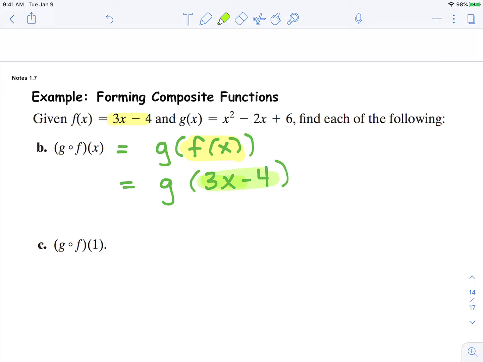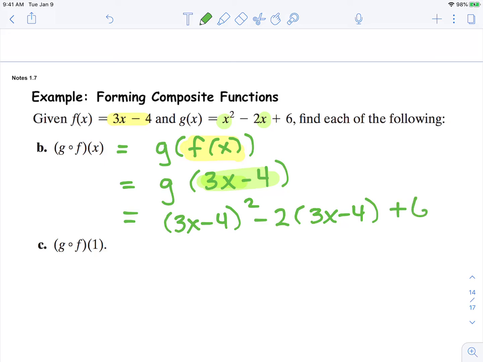This 3x minus 4 is going into the g of x function in this x place and that x place. So 3x minus 4, all squared, minus 2, replace the x with 3x minus 4, and then plus 6.